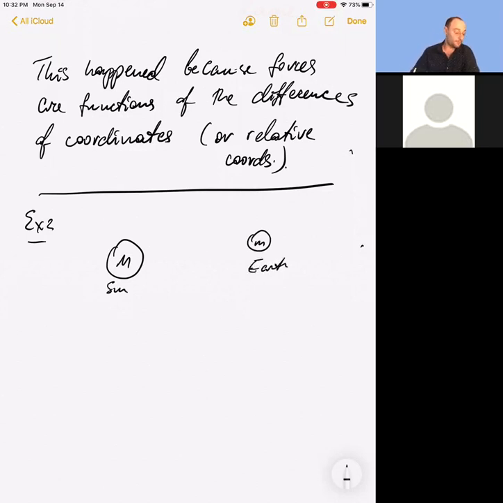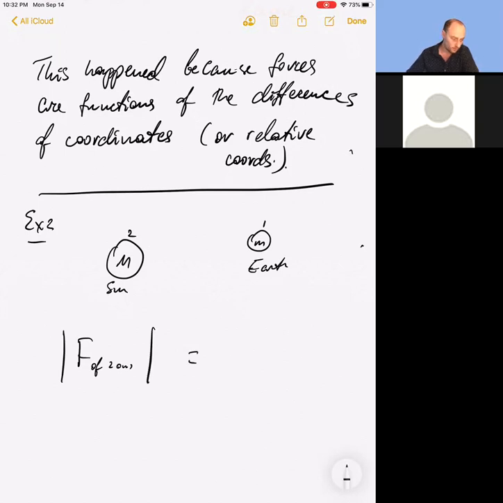I'm thinking if I should do this in full vectorial form, but yeah, let's do that. So force of, so this is object 2 and this is object 1, for example, of 2 on 1.